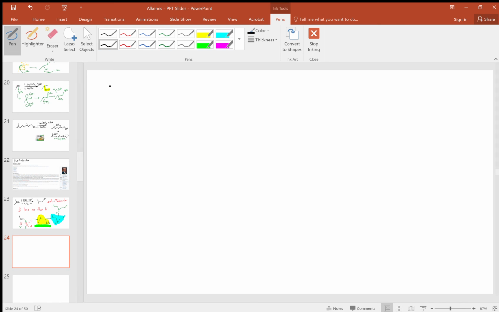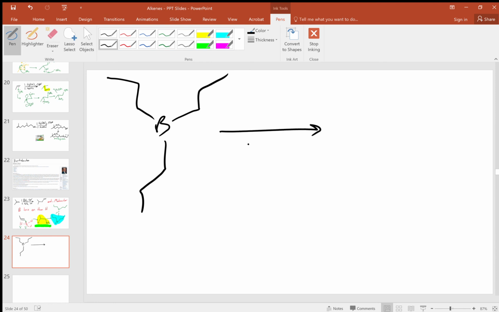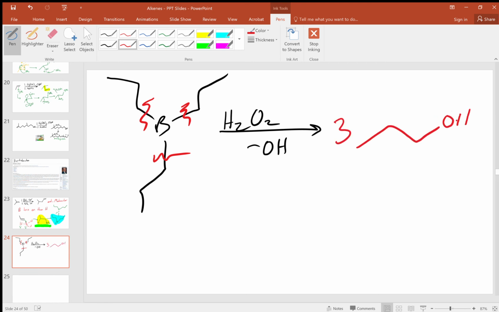But once you have that trialkyl borane, that's when we add hydroxide and peroxide to it. And as a result, we cleave all three of these carbon-boron bonds to get the less substituted alcohol.